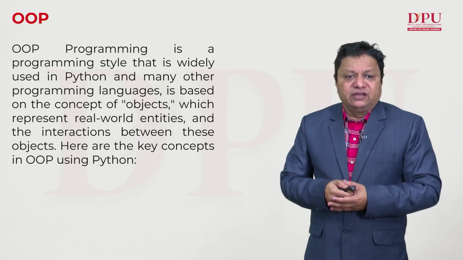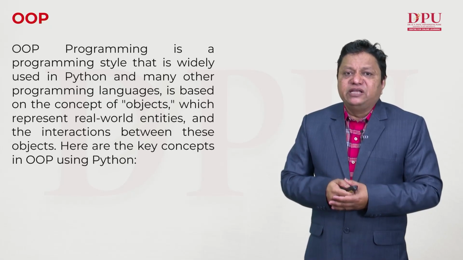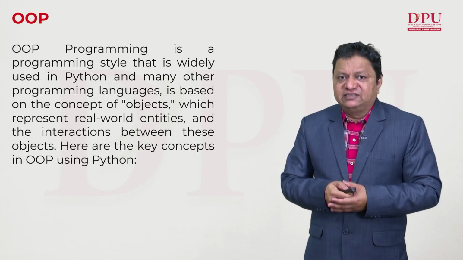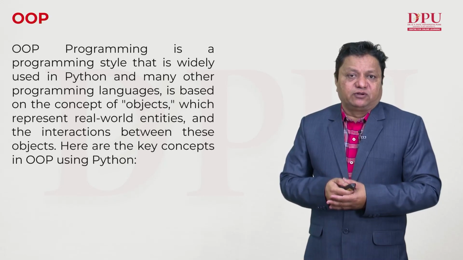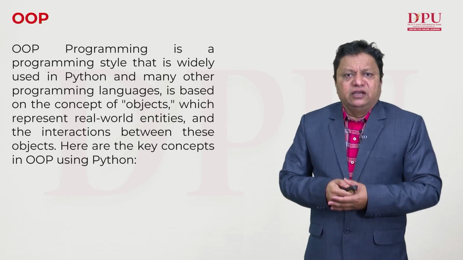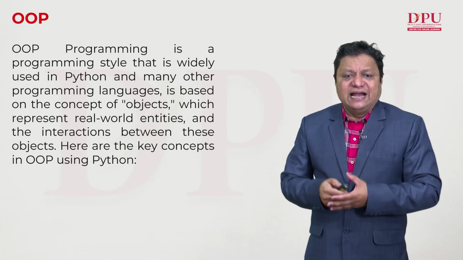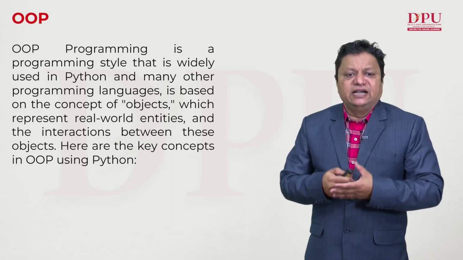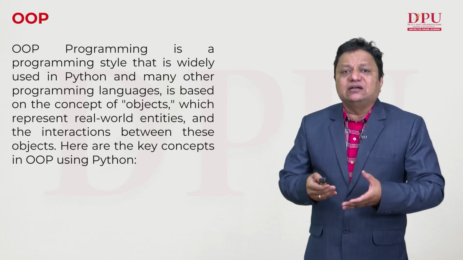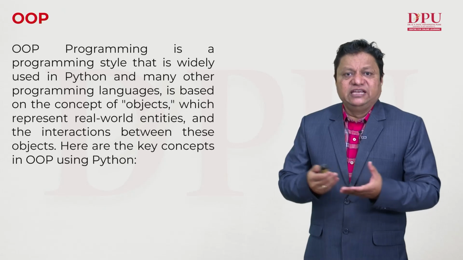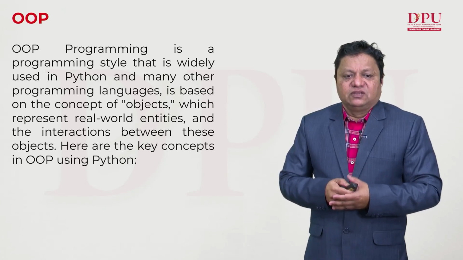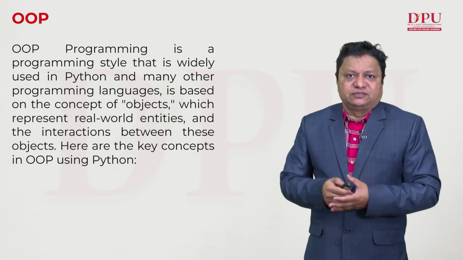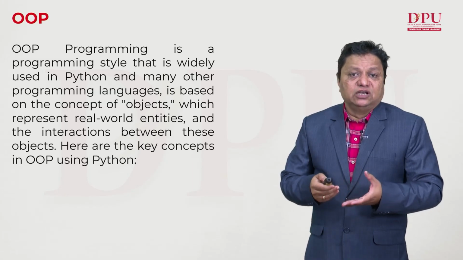OOPS is a programming style that is widely used in Python and many other programming languages, and is based on the concept of objects. Everything in OOPS is considered as objects, which represent real world entities and the interactions between these real world objects. So, here are the key concepts of OOPS using Python.